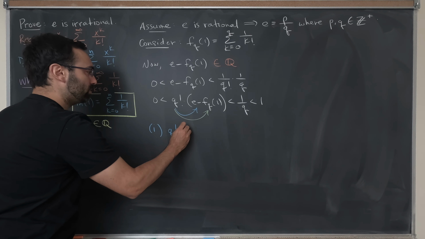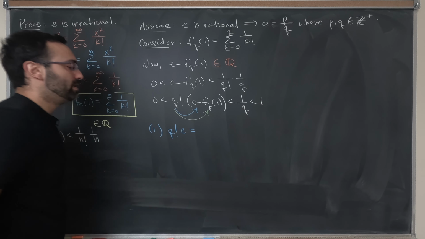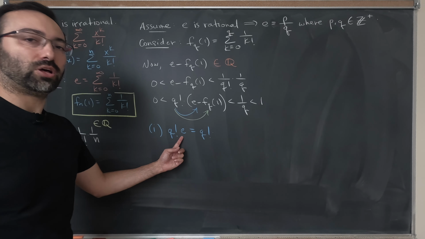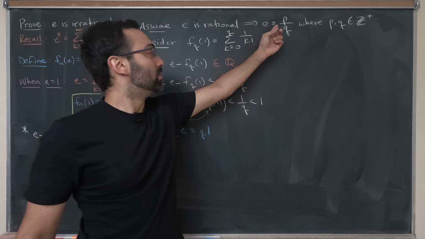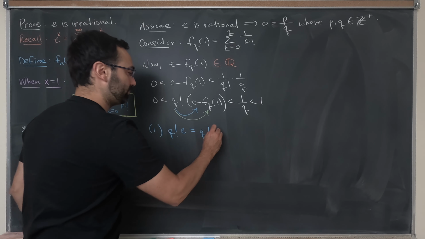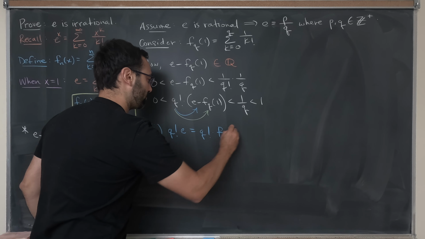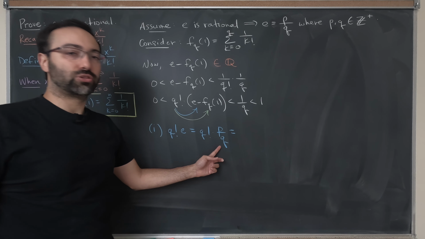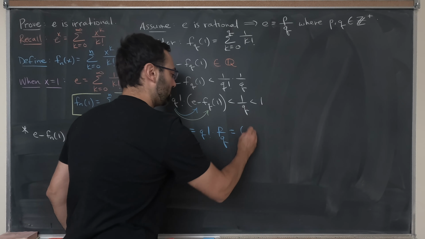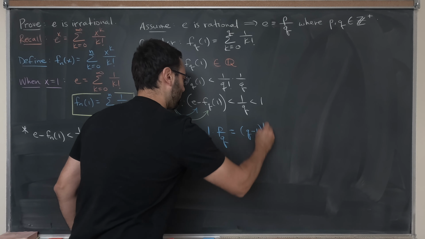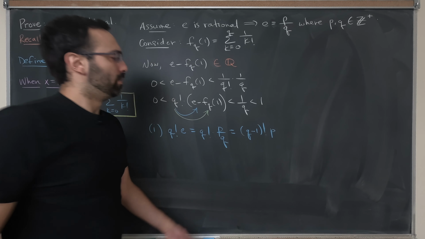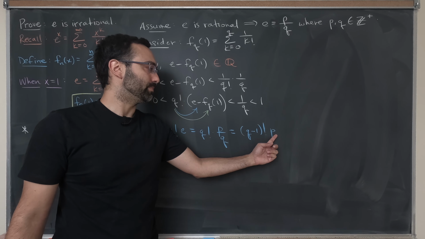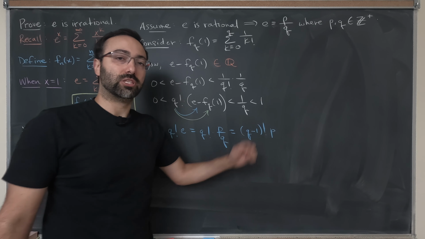Q factorial times e is nothing more than q factorial times, well, we defined e to be this ratio, p over q. But q factorial divided by q is just q minus 1 factorial. But since this is a natural number, this all works out to be an integer.